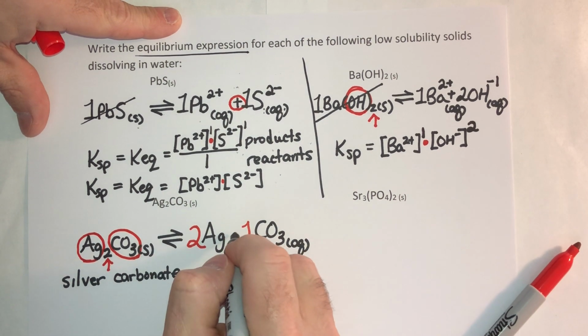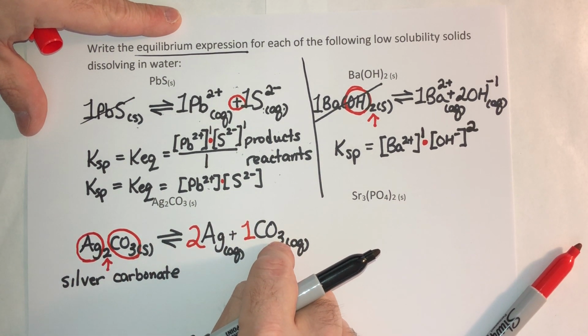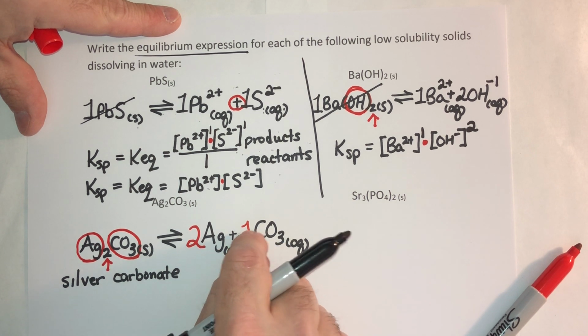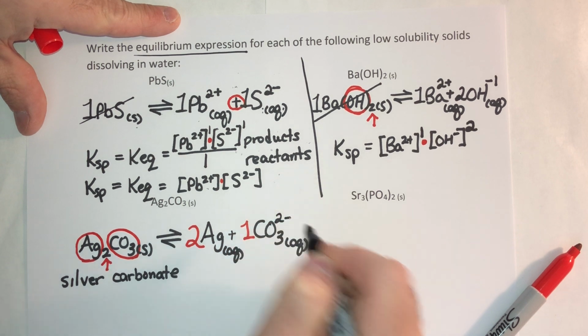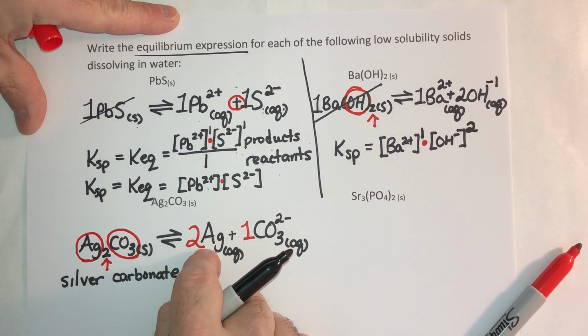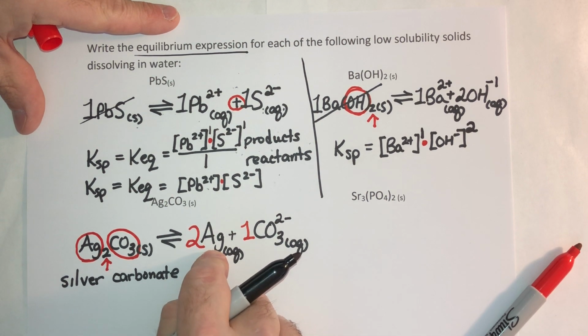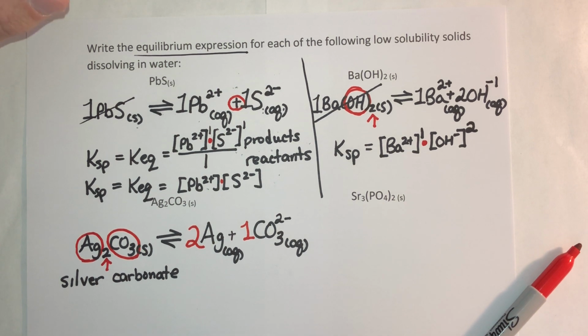All right, if we talk charges, the carbonate is the easier of the two, because if you go to your table of polyatomics and look up carbonate, it'll tell you that the charge is -2. Now the silver is a transition metal. And if you've got a transition metal, they're very difficult to predict what the charges are.